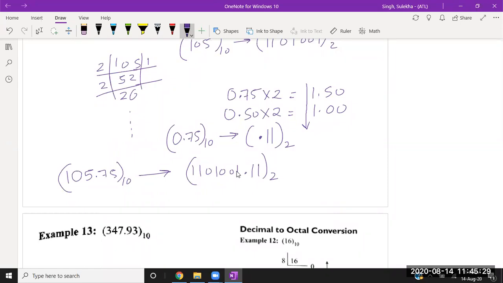One thing you need to remember when writing an answer: suppose you go back to nursery or first class, and I say you have 5 rupees, meaning a 5 rupee note. That 5 is in the decimal number system.